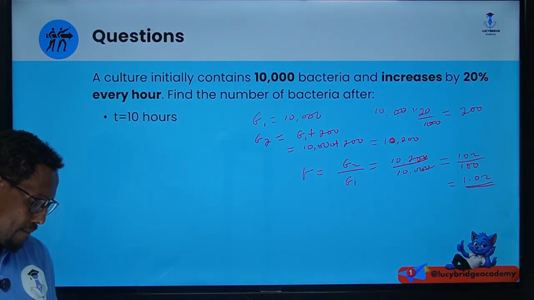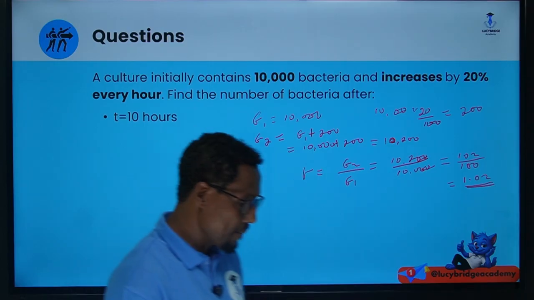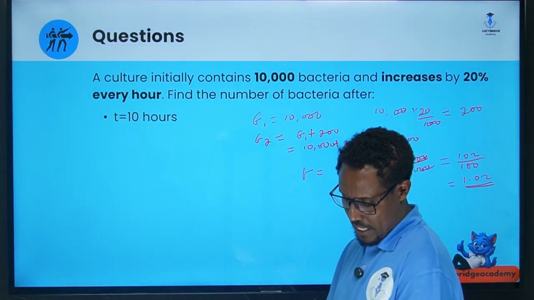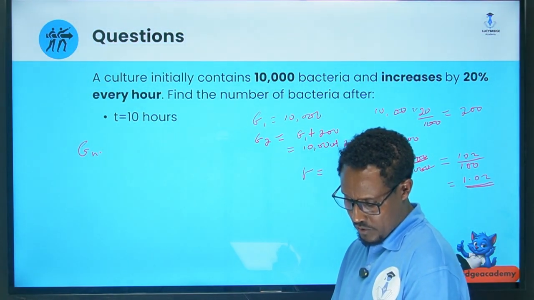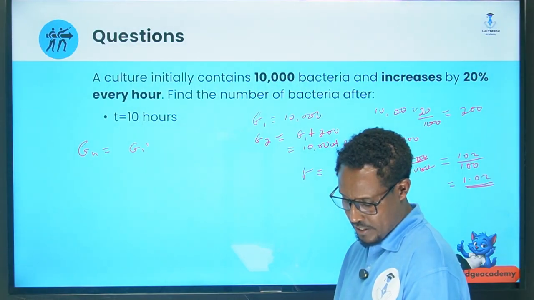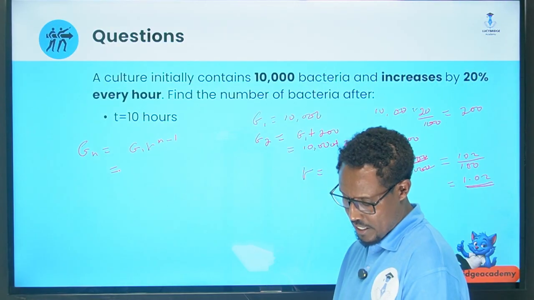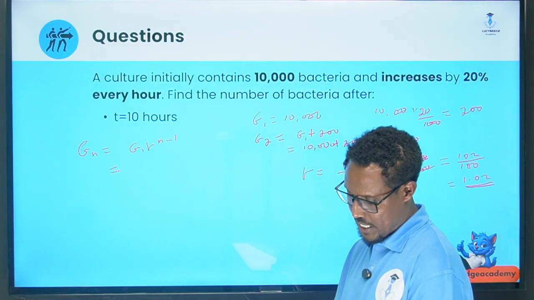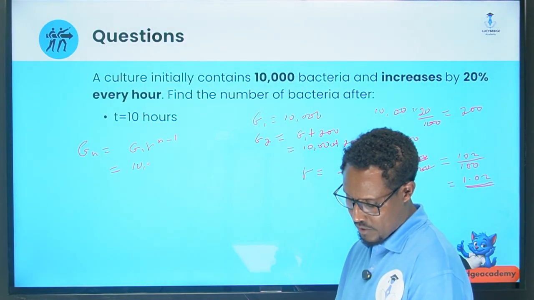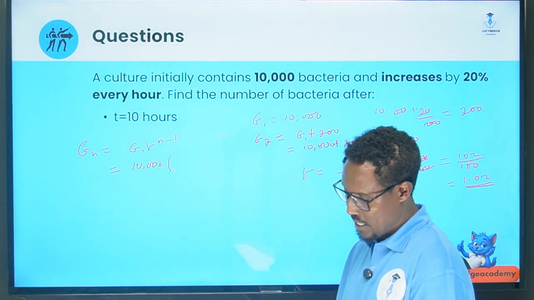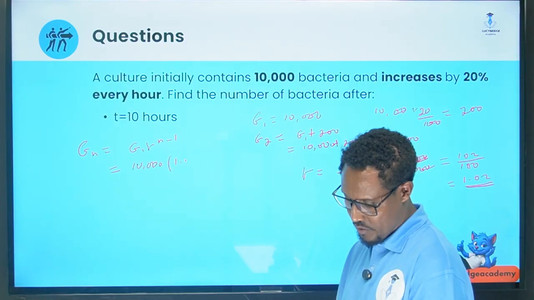So Gn is equal to G1 times R to the power of n minus 1, okay, which is equal to G1 is 10,000 times R, which means 1.02 to the power of what?